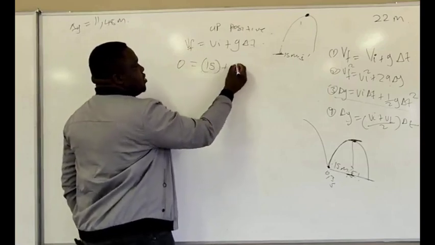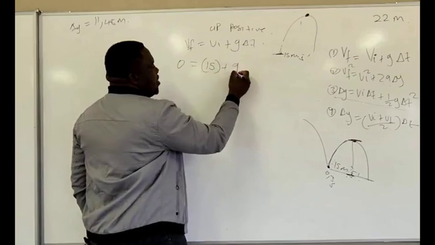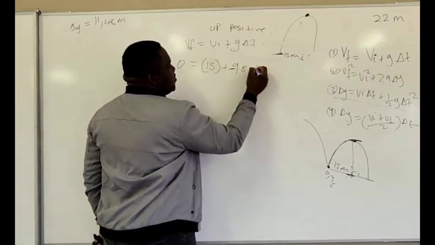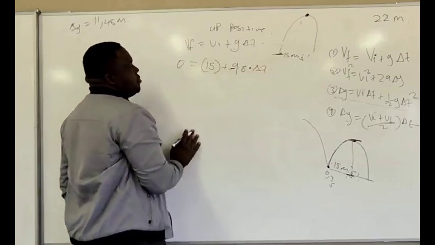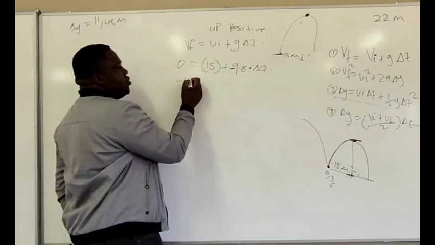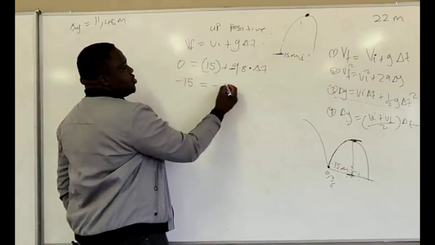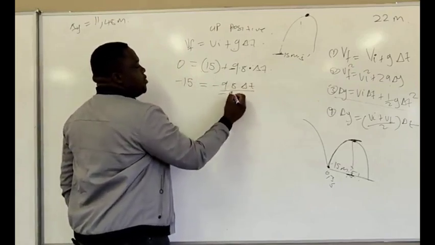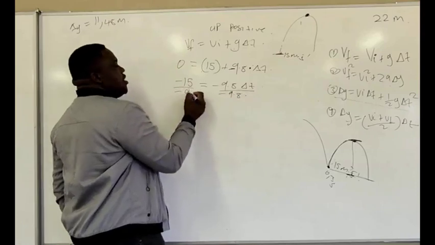Right? Then I'm going to have 9.8, it is down, it is going to be negative, then change in time. Then the 15 will come this side, it will become minus 15, which is equal to minus 9.8 change in time. I divide by negative 9.8.